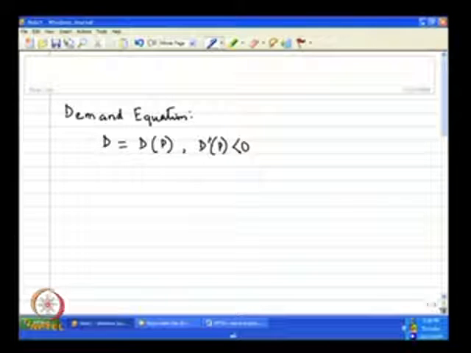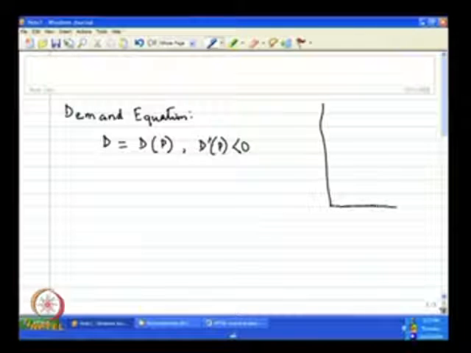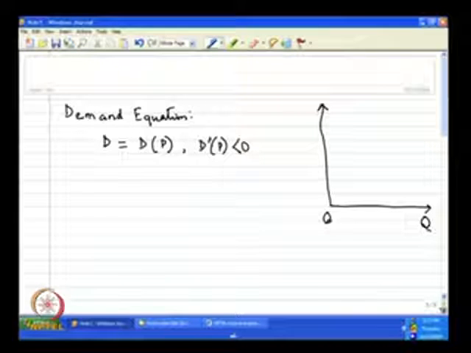Now this relationship of quantity demanded and price in the market is written here mathematically, but the same thing can be shown diagrammatically also, and here we are trying to do that. So in this diagram, along the horizontal axis, we are representing the quantity of goods demanded and supplied.